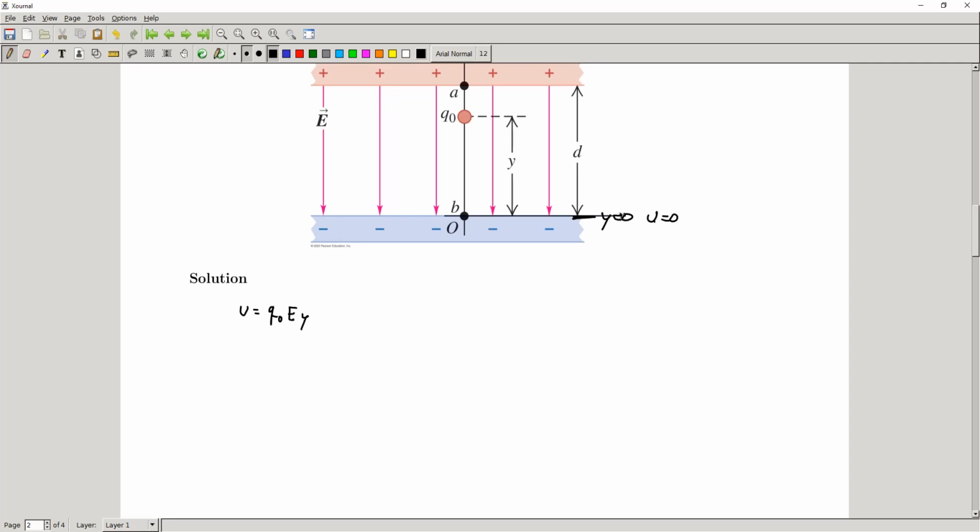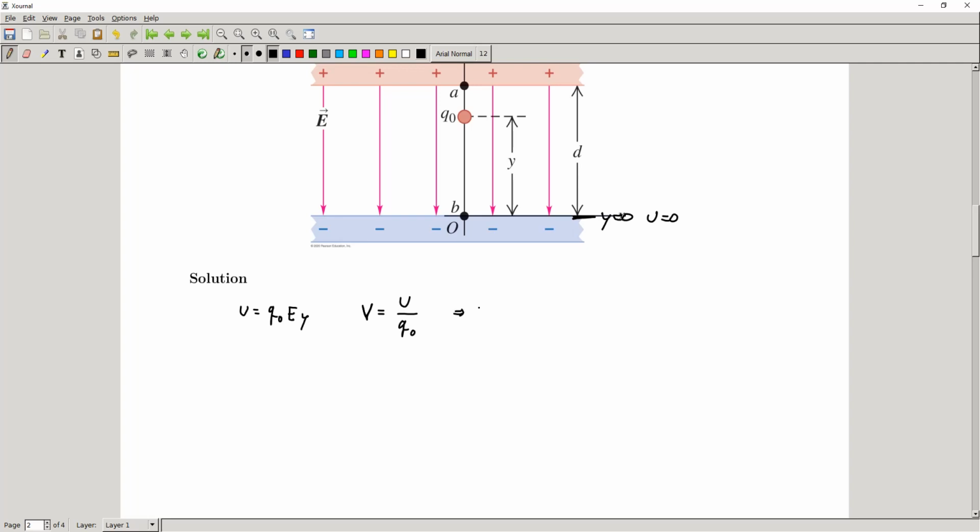Then we also have the definition for our potential in terms of our potential energy that we wrote last video as this here. Our potential is equal to our potential energy over the magnitude of our test charge. That's our definition. So let's sub in our U into this expression and see what we find.